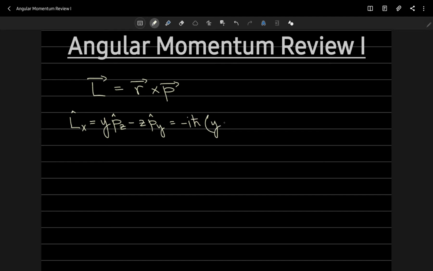And I'll have y partial derivative with respect to z minus z times partial derivative with respect to y. Corresponding to this pz, I have this partial derivative with respect to z and this negative iota h bar. Or let me just write this down over here, that if, for example, I'm talking about p in x, right? And it's an operator, the operator is represented as negative iota h bar partial derivative with respect to x, and likewise for y and z.